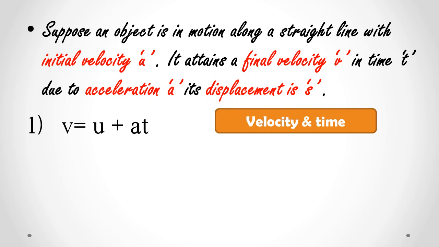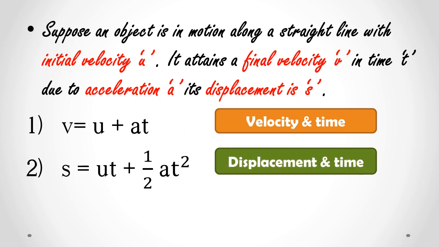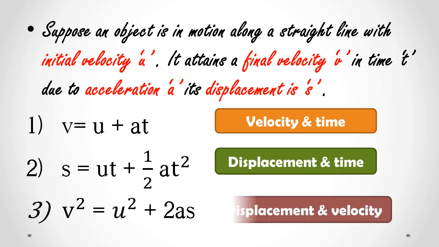Second equation is s equals ut plus half at square. So this equation shows the relation between displacement and time. Third equation of motion is v square equals u square plus 2as, where s is nothing but displacement. And this equation shows us the relation between displacement and velocity.